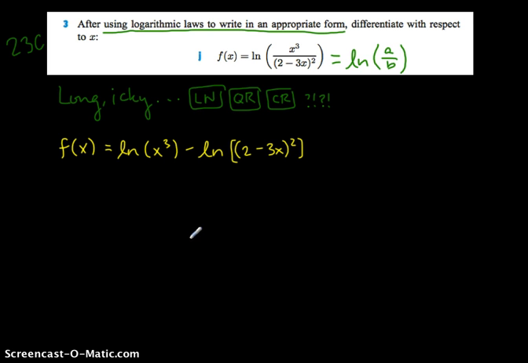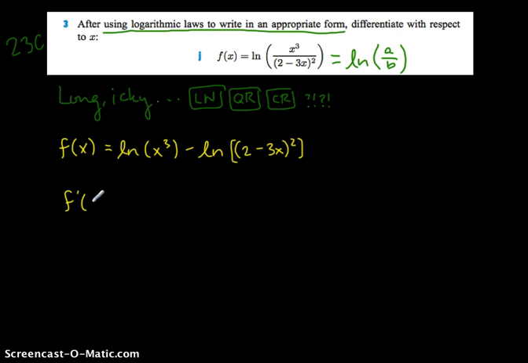So now that I've rewritten this I can take the derivative very easily. Yes, I'll still need to use chain rule for this guy here, the second term, but that's okay. At least I don't have to battle with quotient rule as well. Okay, so let's go ahead and start taking derivatives.